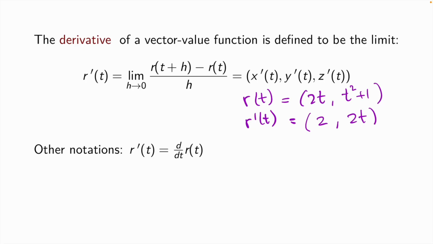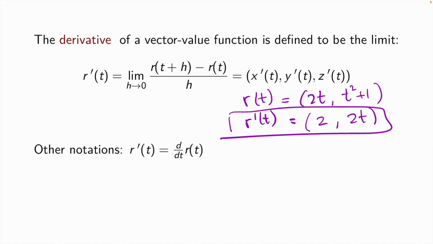Of course, these derivatives can be as complicated as the components here, but you know all the possible rules of calculation of derivatives from calculus 1, so all of them are going to be applied for calculating the derivatives of vector value functions. So in this way, we calculate the derivative for all values of t.